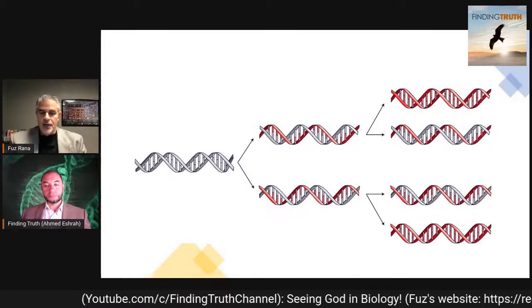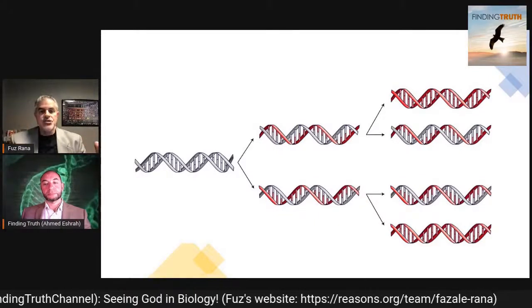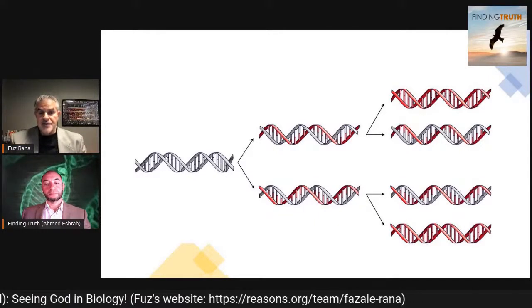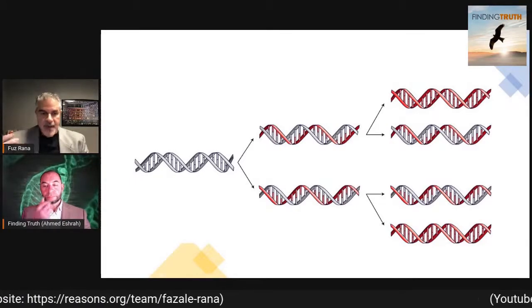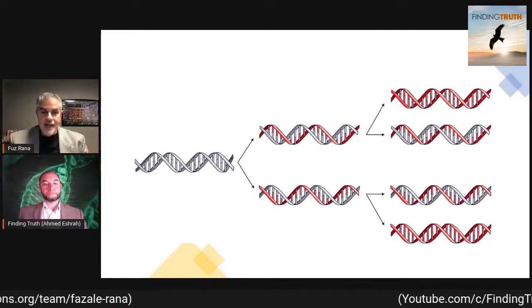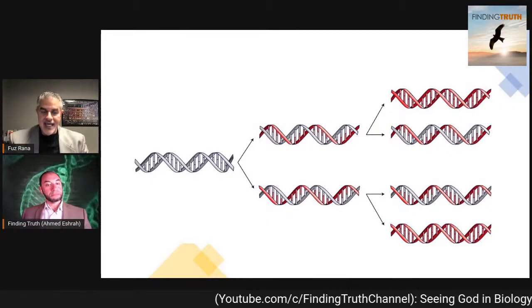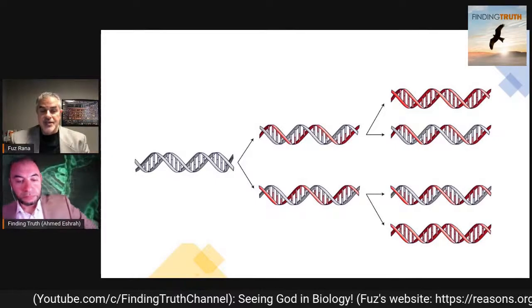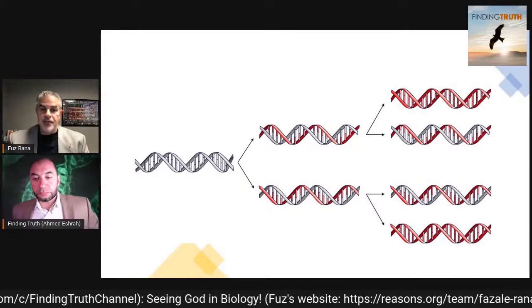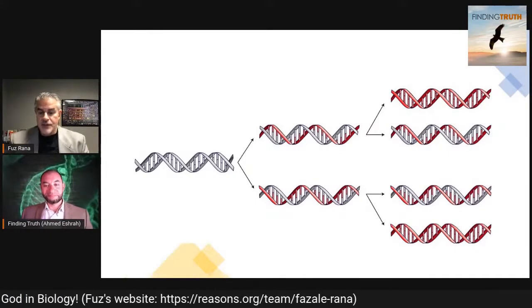Now, what's interesting again is that this mechanism of replication literally falls out of the structure of DNA. The complementary base pairing rules are why the information in DNA can be replicated, and it really demands that the only way for replication to take place is through this template directed semi-conservative replication.